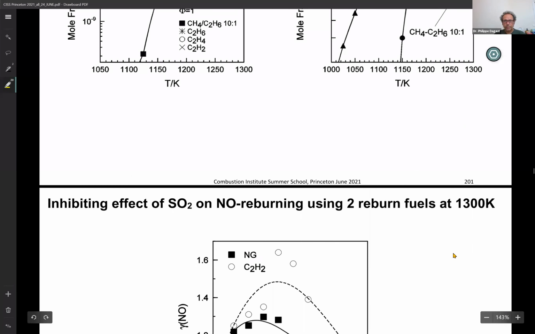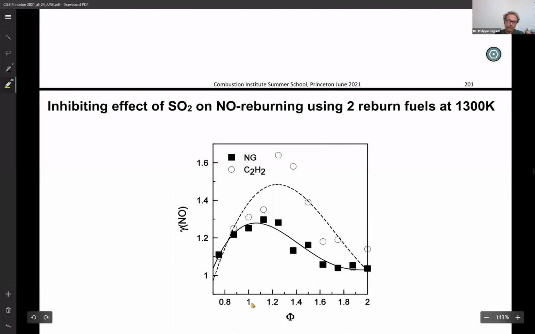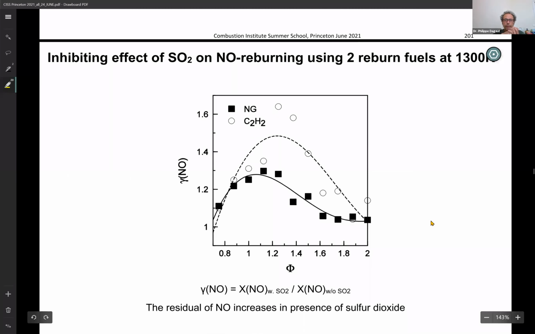And finally, we looked at the impact of SO2 on NO reburning. And what we can see is that the residual of NO increases in the presence of sulfur oxide. So this is what we observed here, for two fuels, natural gas blend and even acetylene.